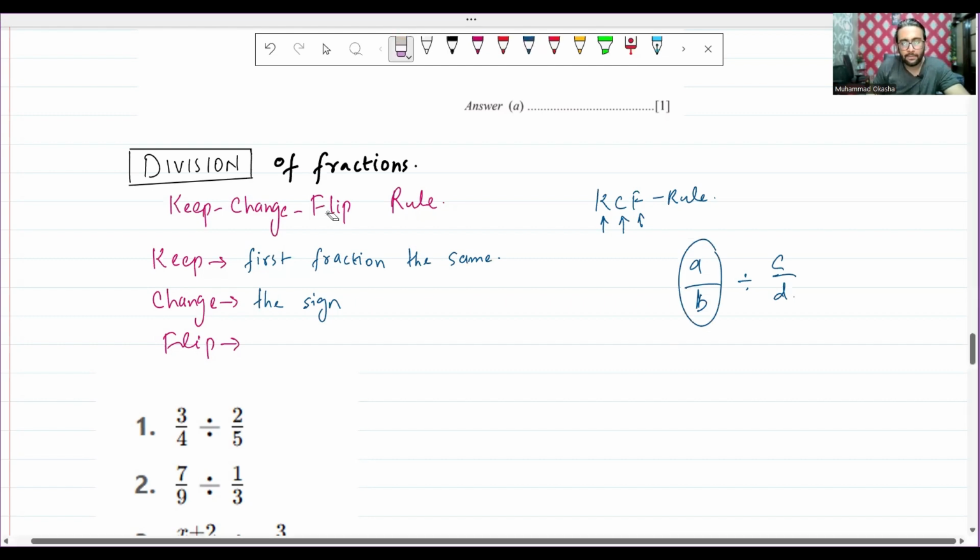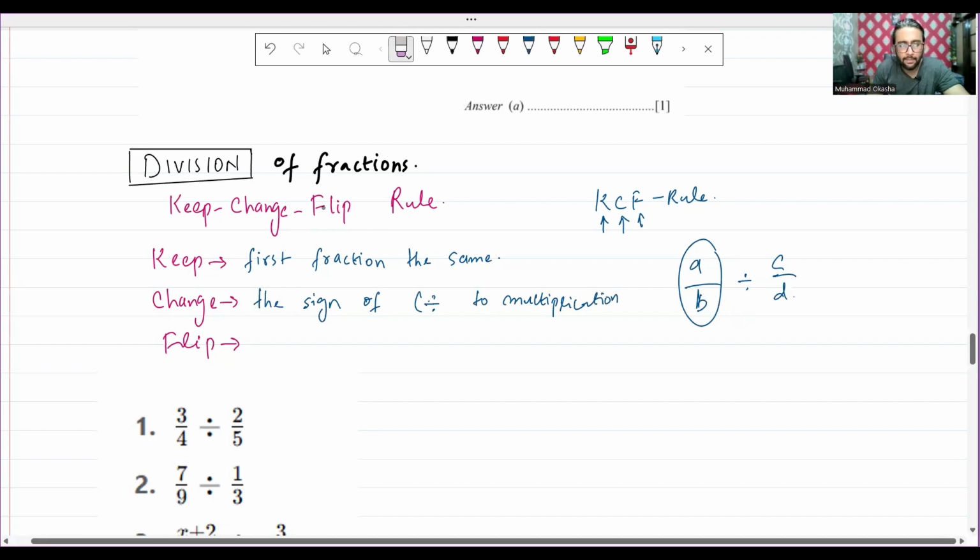The second thing I'll do is change the sign of division to multiplication. Actually, instead of writing the whole thing, I could just write it like this.